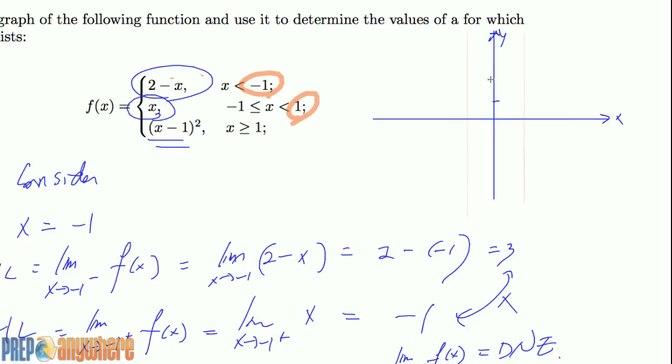So here it'll be 3. So the line will look like this. That's when it's less than -1. When it's equal to or between -1 and 1, it's going to look like this.